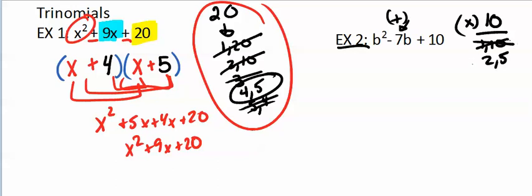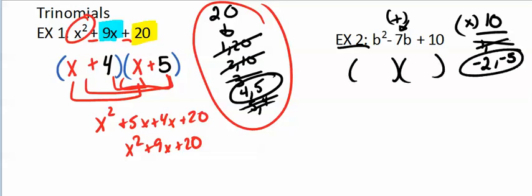Now, before we used positive 4 and positive 5 to give us our positive 9. If I did positive 2 and positive 5 this time, I would get a positive 7. But what I really want is a negative 2 and negative 5. So those are going to be my pairs.